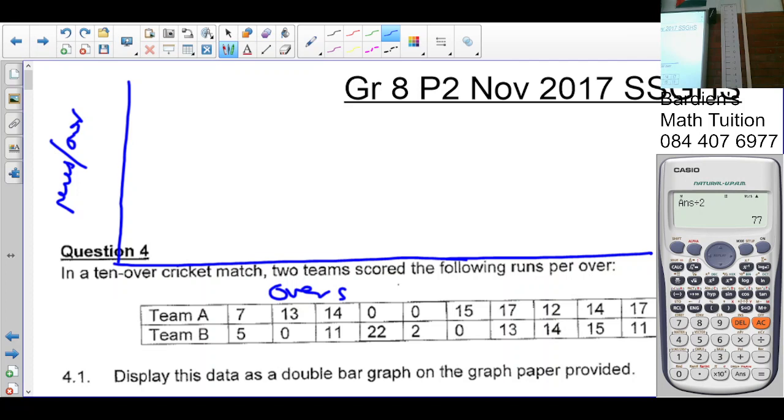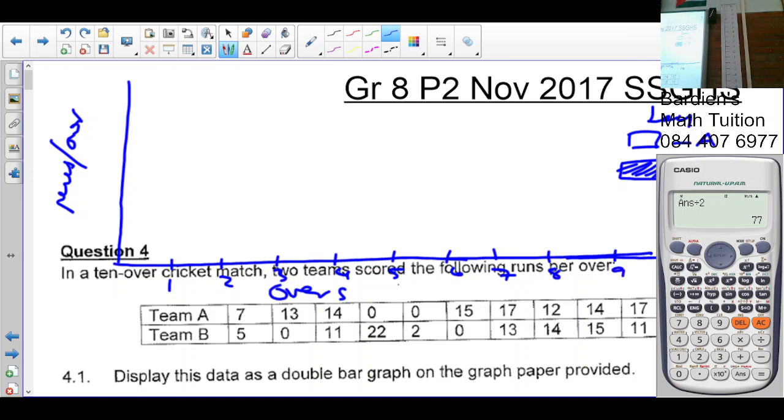Let team A be an open block and team B be a shaded block. In a double bar graph we must show the 2 different keys: what is representing what? So here's over 1, 2, 3, 4, 5, 6, 7, 8, 9 and 10.